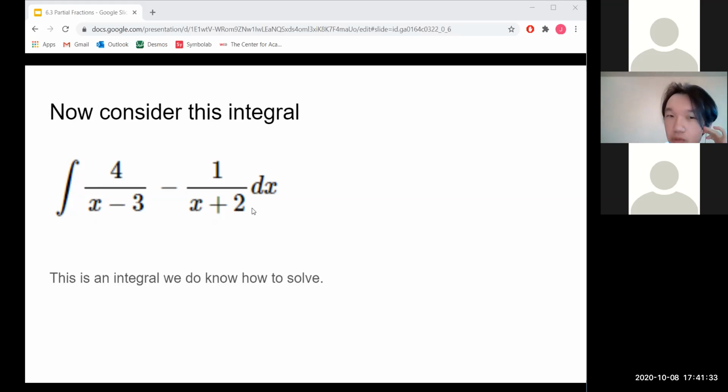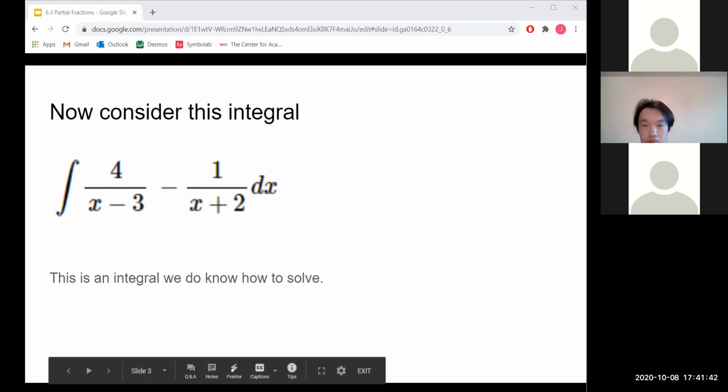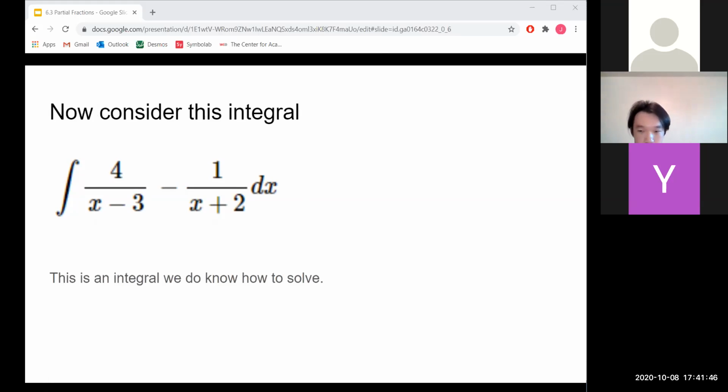Does anyone know how to solve this integral, by the way? Do we separate it into two different integrals and then solve it? Yeah, you could just do each one separately. So the first one, 4 over x minus 3, what's the integral of that?